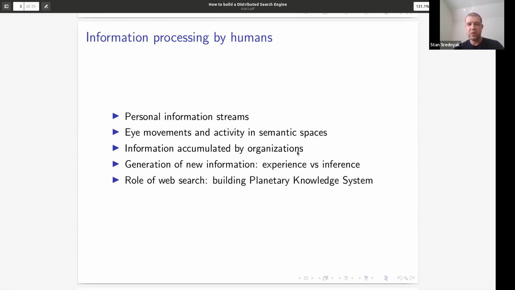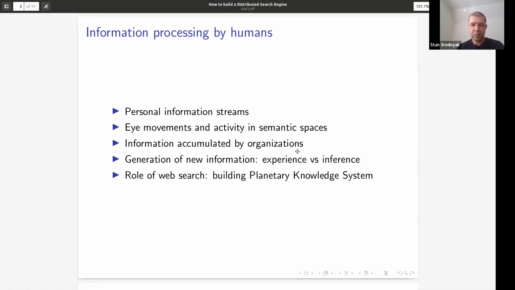One of the goals in the long run is to create an information system that would utilize and synthesize this information so that people can make use of it. And this aligns with the goal of transforming the web into a knowledge system rather than a repository of data.